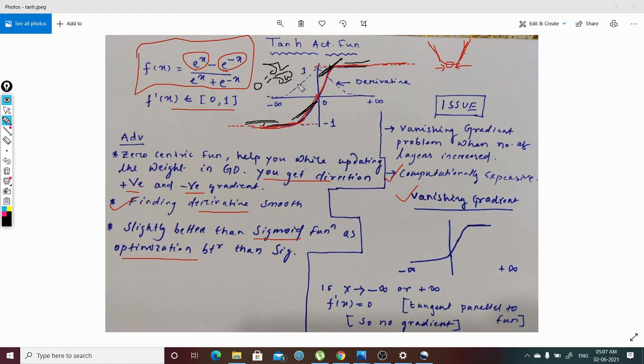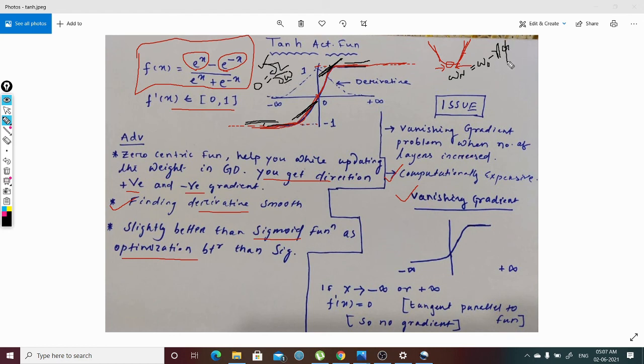If the gradient is going to be 0, then in the weight optimization formula, this is the new weight that we update from the old weight, minus some learning rate times the gradient, the gradient meaning the loss with respect to the weight.